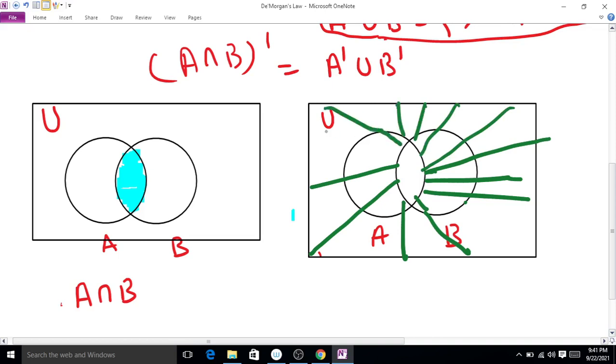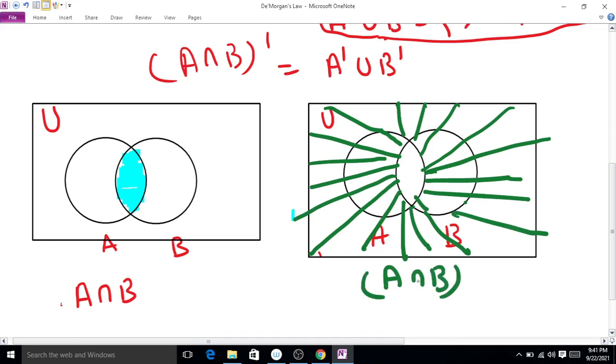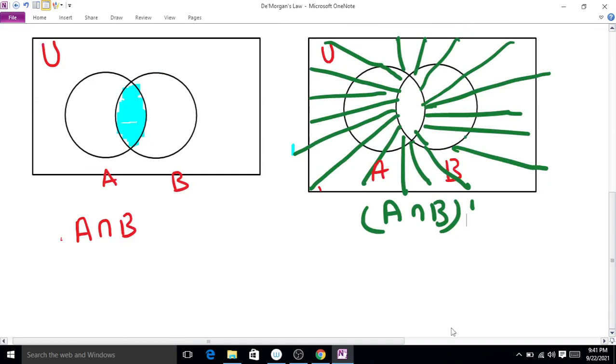Okay, now this is the LHS. I am writing here (A intersection B) complement. Now we want to determine the RHS.